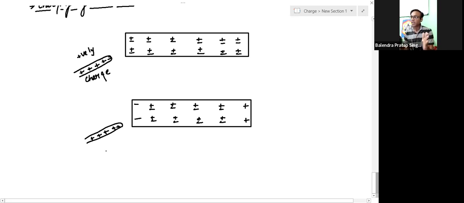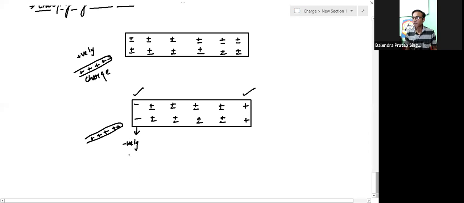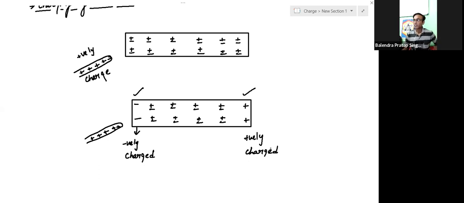At this end the number of electrons increases, and here there is a deficiency of electrons. So one part gets negatively charged and one part gets positively charged. This we call charging by induction.